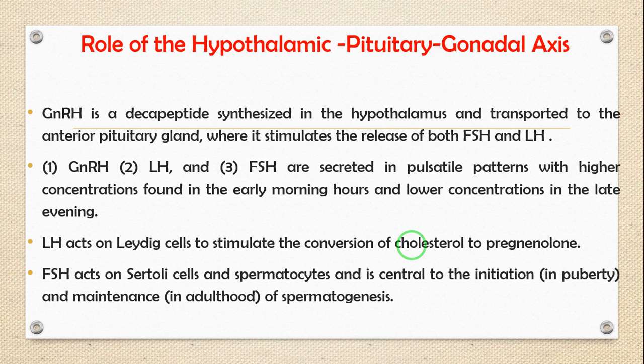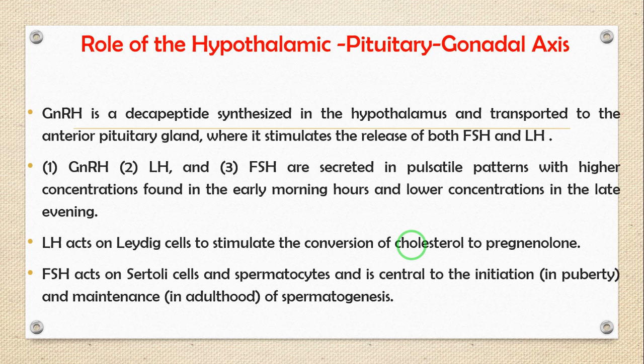For example, in the early morning, the concentration of gonadotropin releasing hormone, luteinizing hormone, and follicle stimulating hormone will be increased, and then it will decrease in the evening. So this is what is meant by the pulsatile pattern of secretion of the male hormone. It is not constant throughout the day.